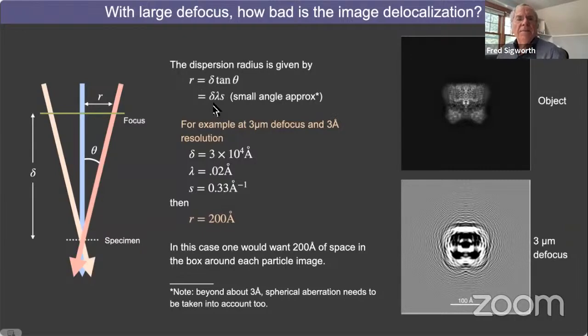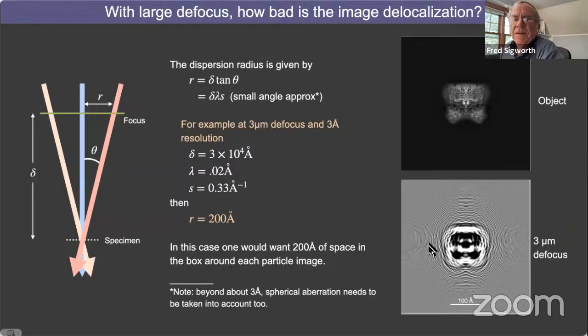By a small angle approximation, it's just delta lambda times S. I apologize, S is now spatial frequency, starting with this slide. So if we do an example, 3 micron defocus and 3 angstrom resolution, then the amount of delocalization is 200 angstroms. So that would say that if we really wanted to use that much defocus, we ought to leave a border of 200 angstroms around our object.